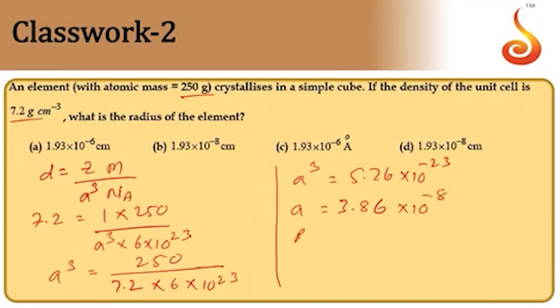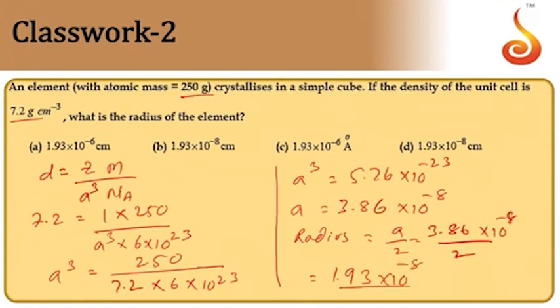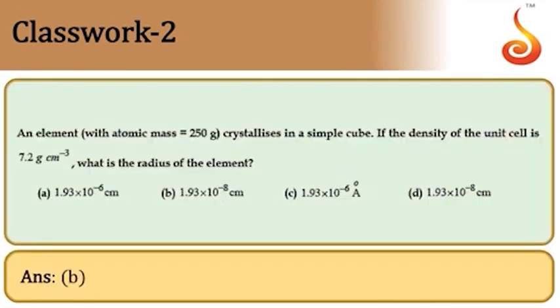And we require the radius. For a simple cube, the atoms touch along the edge length, therefore the radius will be equal to a by 2, which implies 3.86 into 10 to the power of minus 8 by 2. It comes to 1.93 into 10 to the power of minus 8. So the answer is B, 1.93 into 10 to the power of minus 8.